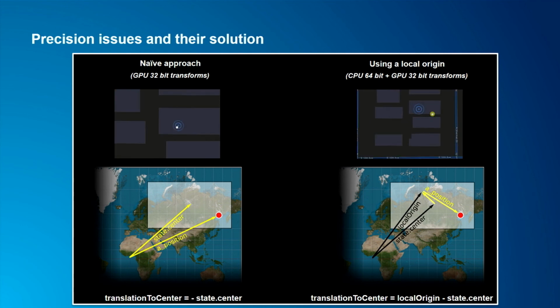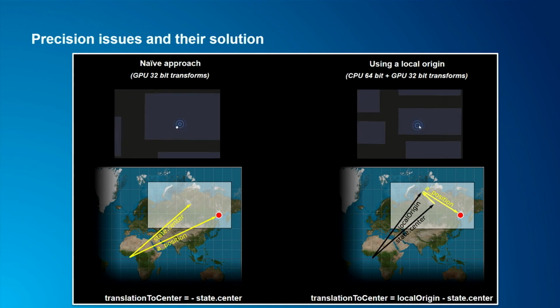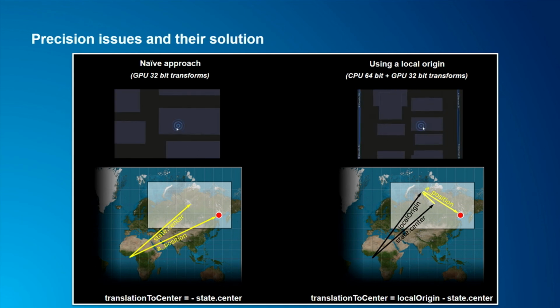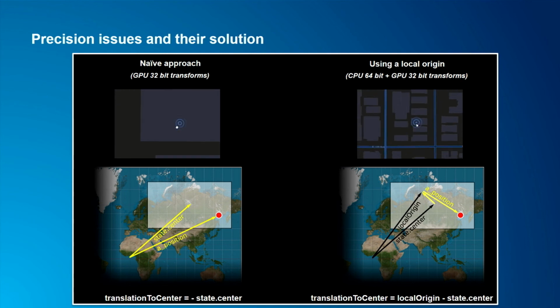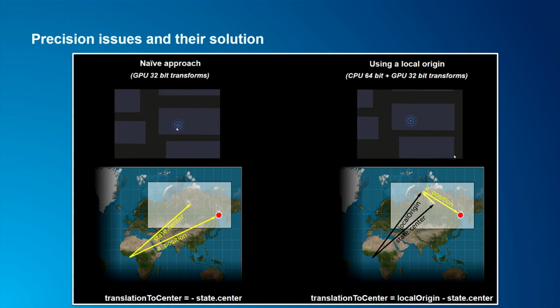They are made relative on the CPU in JavaScript by performing the appropriate subtractions. And since JavaScript on the CPU can use 64-bit arithmetic, we don't experience any precision issue. The result is much smaller magnitude values, and when we pass them to the vertex shader it is able to deal with them using 32-bit precision.